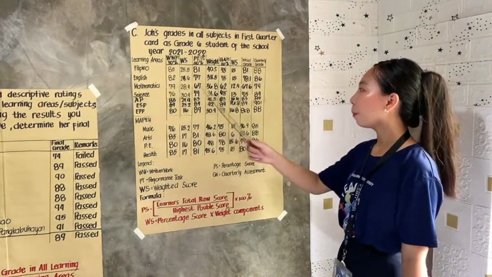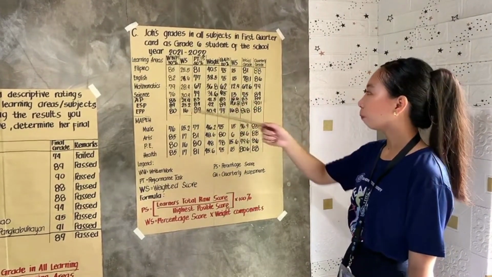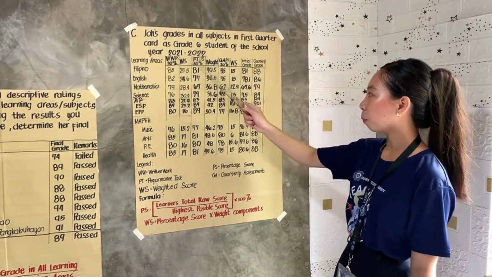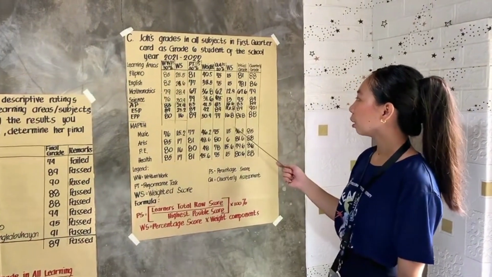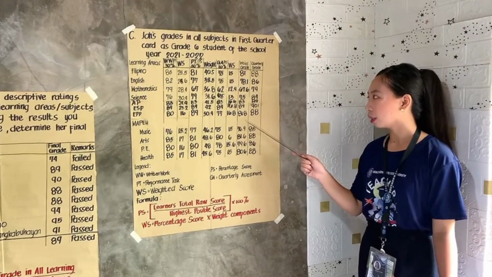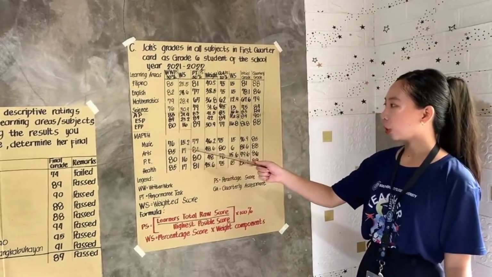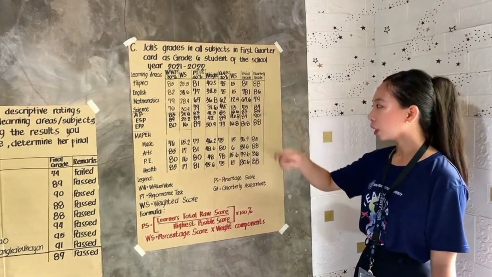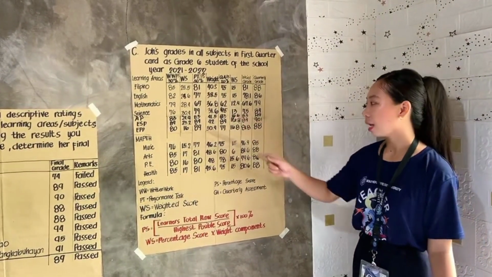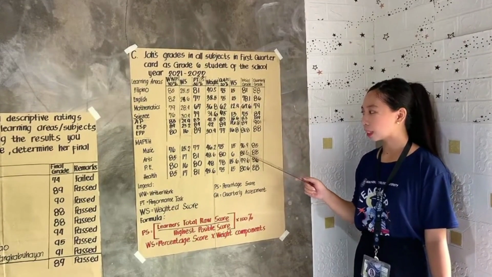And in Edukasyong Pantahanan at Pangkabuhayan, he got 16 weighted score in written work, 50.4 weighted score in performance task, 16.8 weighted score in quarterly assessment. So that would be 81.8. And MAPE, especially in music, he got 15.2 weighted score in written work, and 46.2 weighted score in performance task, and 15 weighted score in quarterly assessment. So that would be total 76.4.